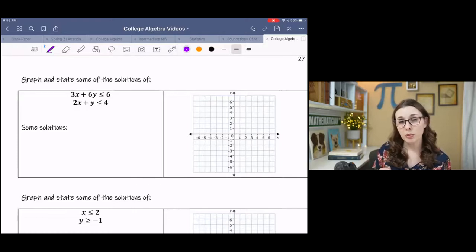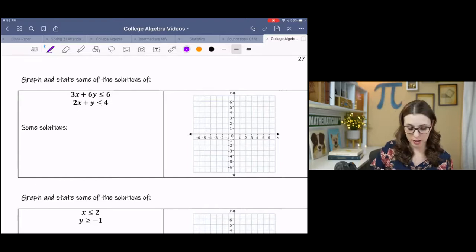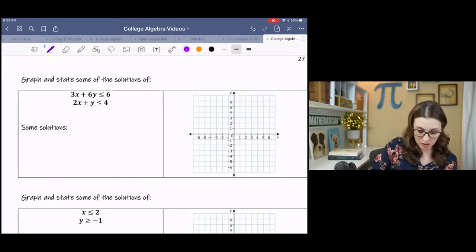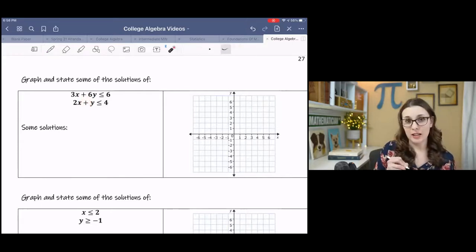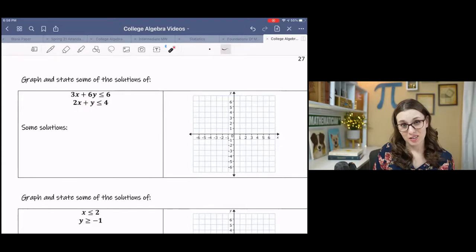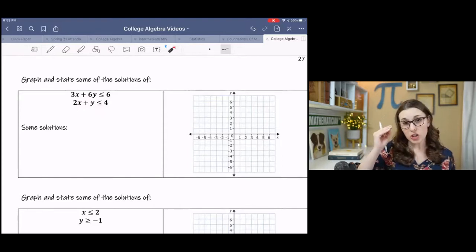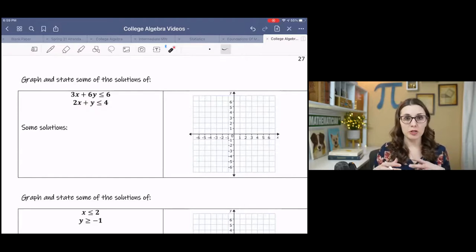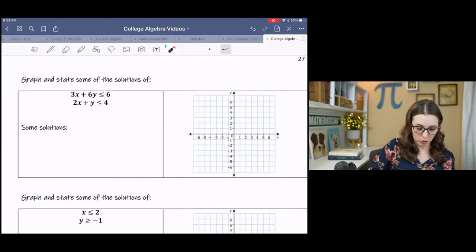I would probably recommend putting it in slope intercept form because sometimes this y value is negative, and when you divide by a negative, what happens to the inequality? It flips. So I would be very cautious about doing x and y intercepts. That can give you 2 points to help you graph the line, but to figure out your shading, you're going to have to pay attention to that last step.